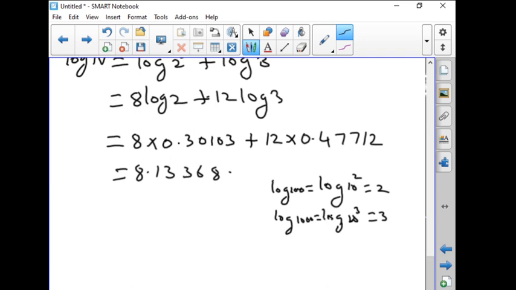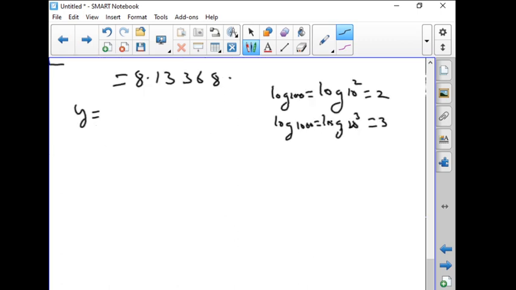So, this is taken as, it is equal to actually 10 power 8 point, that is, here we can take it as n, we have taken n. So, it is n is equal to 10 power 8.13368.